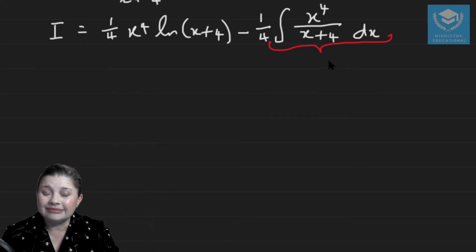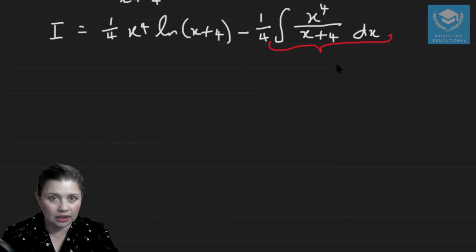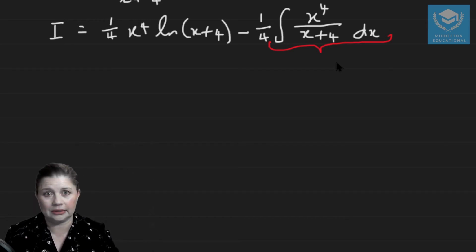It might work, it might just take a bit long, but a lot of integration is just about manipulating the function that you're working with. So you want to manipulate it into something that is easy to integrate.